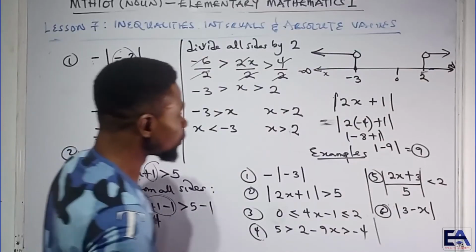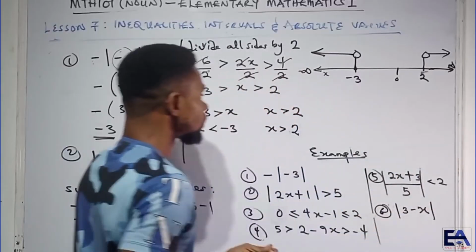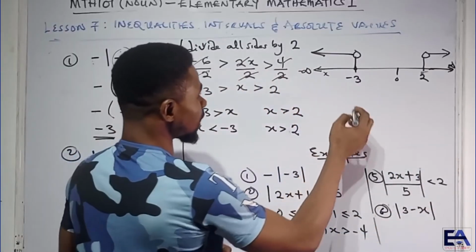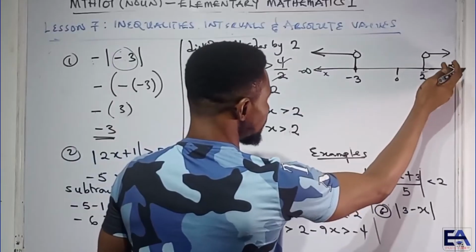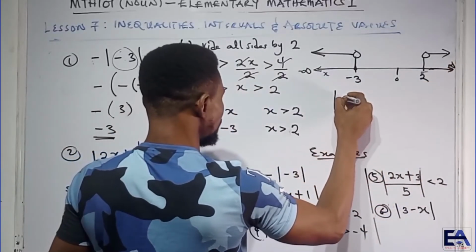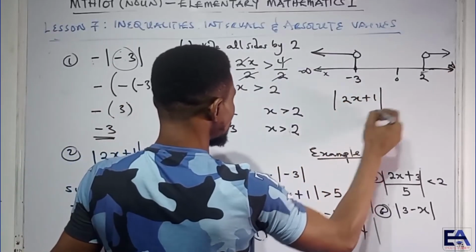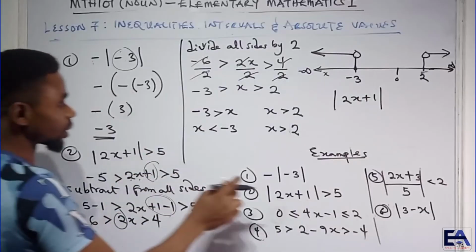So let's try it. If, for instance, we have something like, let's choose a number like 3. So we slot it in, absolute value of 2x plus 1. Let's see if it's going to give us a result greater than 5.